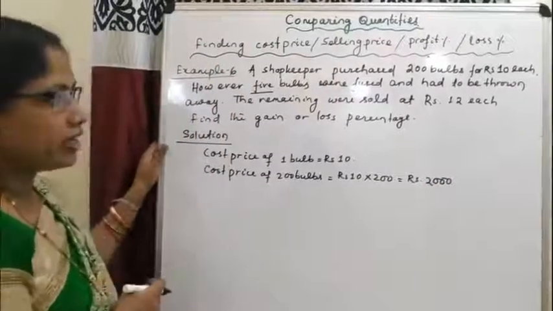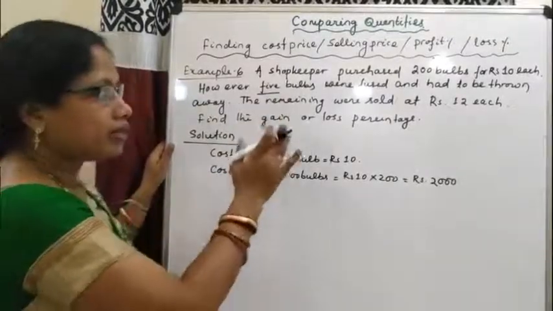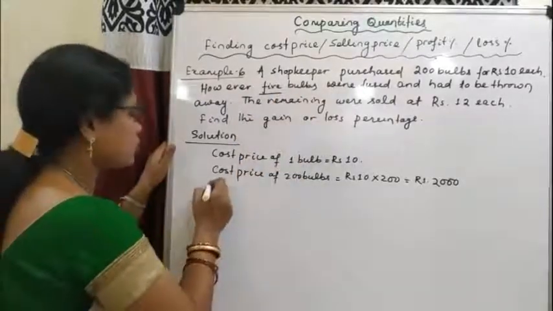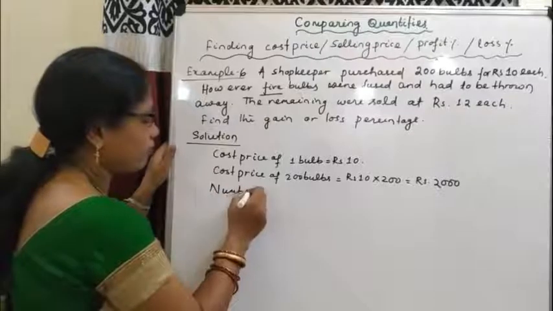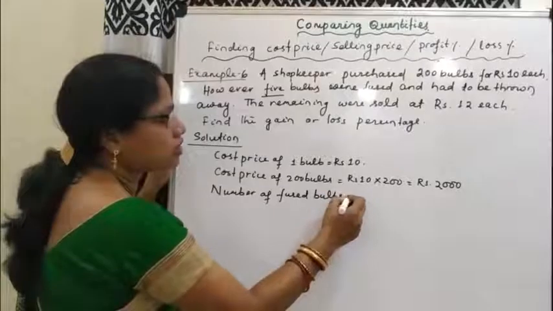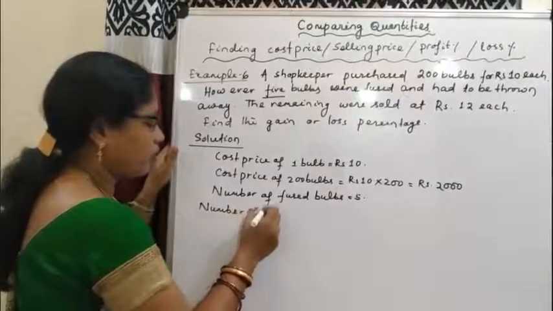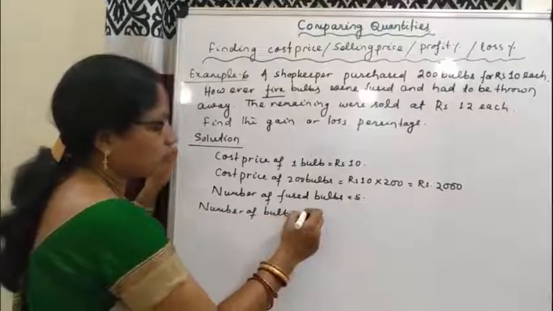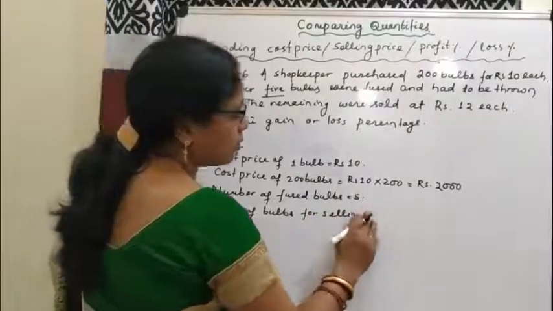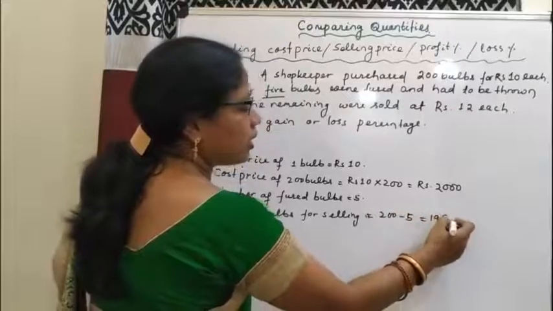Then what is the selling price? So at the time of selling, there were 195 bulbs present. Why? Because 5 bulbs were fused. So the number of fused bulbs is 5. So the number of bulbs for selling is 200 minus 5, this is 195.